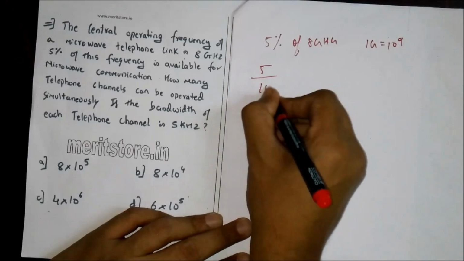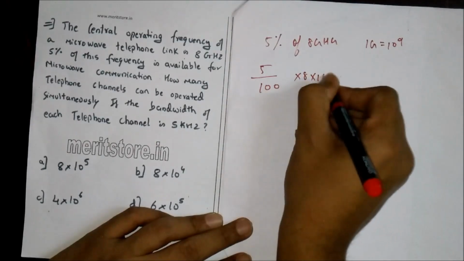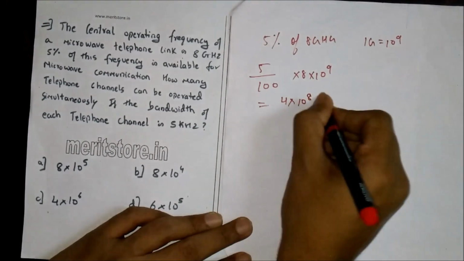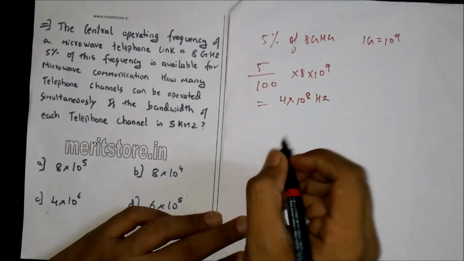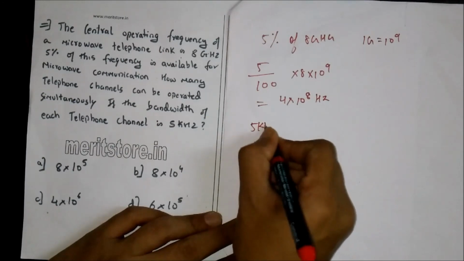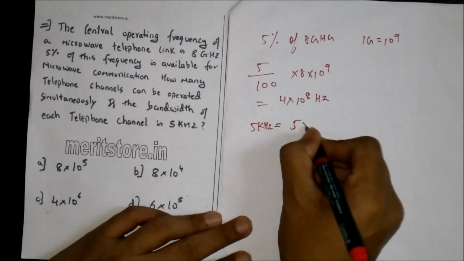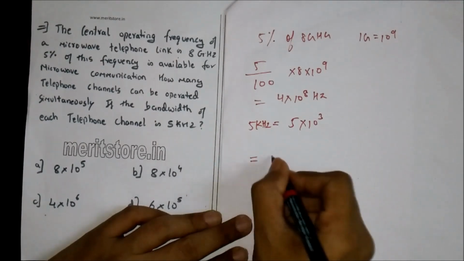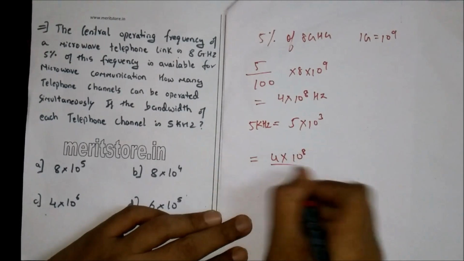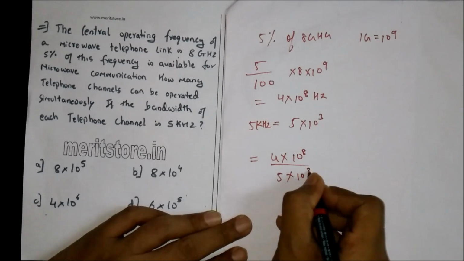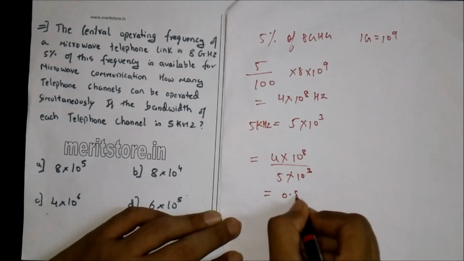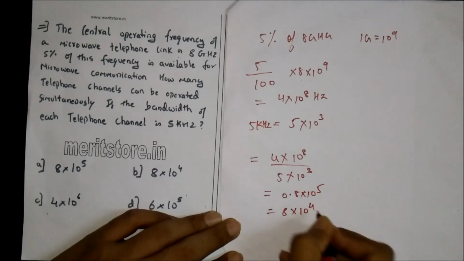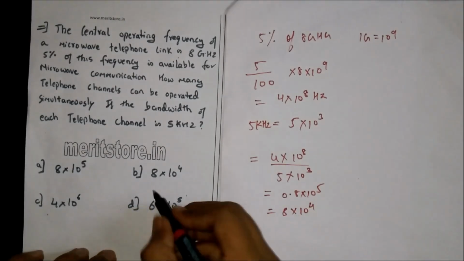So 5 upon 100 into 8 into 10 raised to 9 will give the answer as 4 into 10 raised to 8 hertz. Now the bandwidth of each telephone channel is 5 kilohertz, which on converting into hertz will give us 5 into 10 raised to 3. Now the number of telephone channels that can be operated will be equal to 4 into 10 raised to 8 upon 5 into 10 raised to 3, which gives the answer as 0.8 into 10 raised to 5, which is equal to 8 into 10 raised to 4. So the correct option is option B.